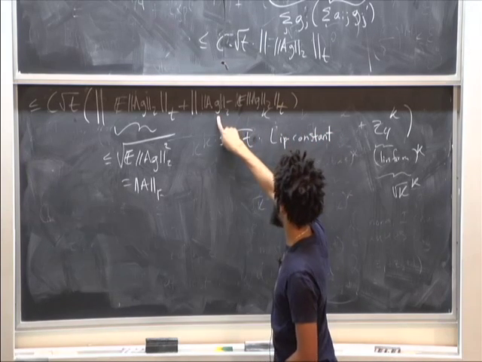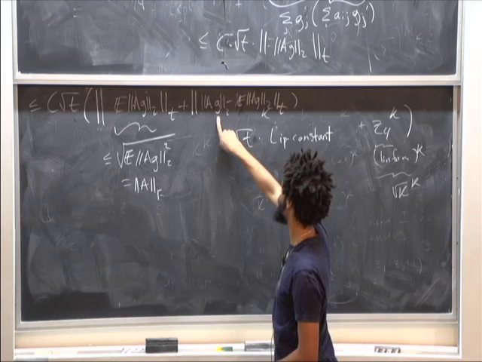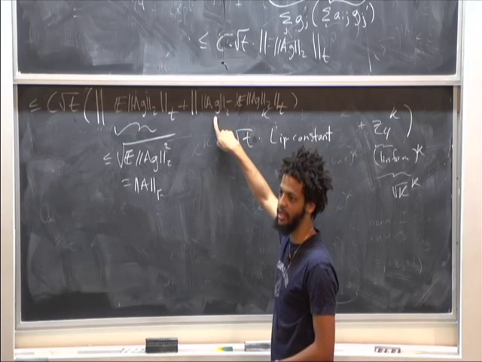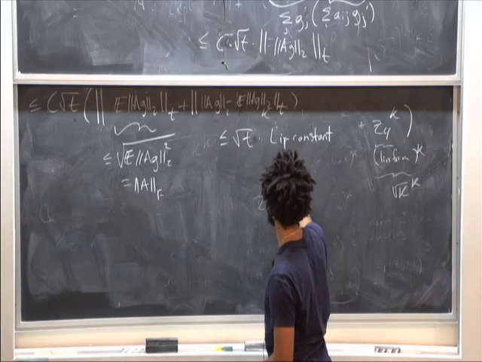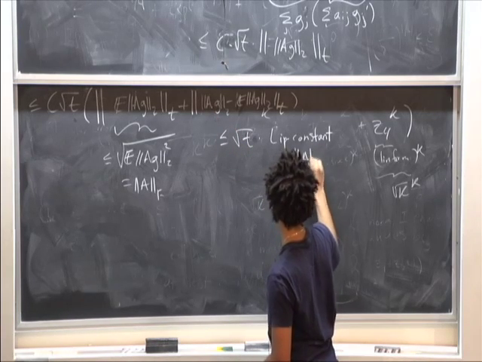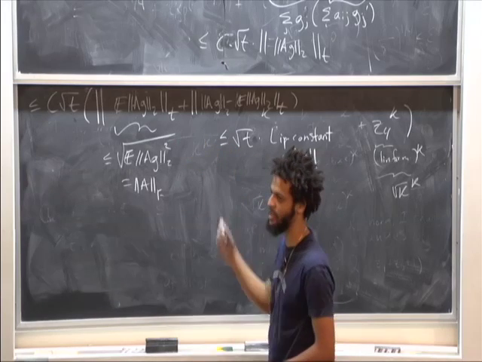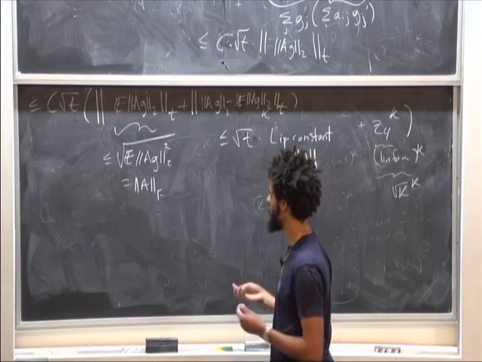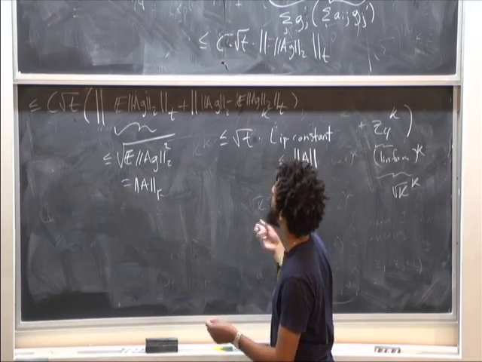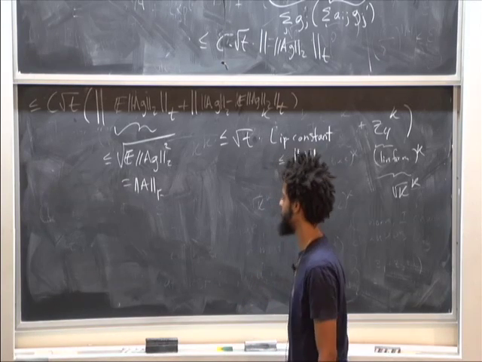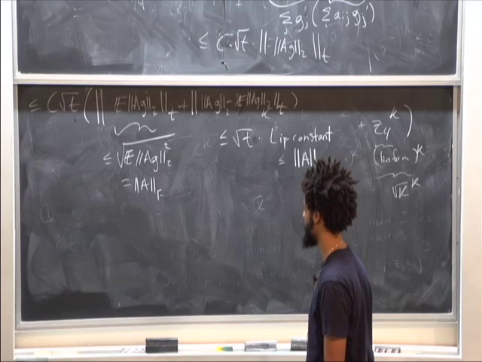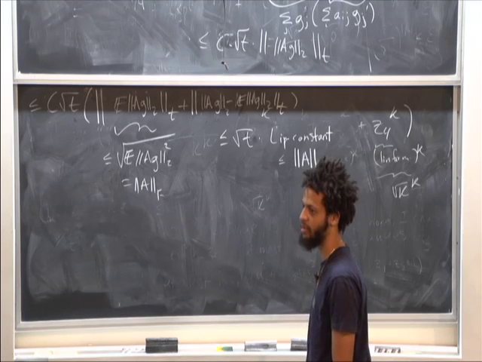If you change g by some gamma in L2 norm, how much can you change the L2 norm of ag? That's at most the operator norm of a times gamma. So this is at most the operator norm of a, and you get a root t. Anyway, I think this idea of decoupling and then doing things is very useful. It gets used all over the place, so maybe it's good to know.